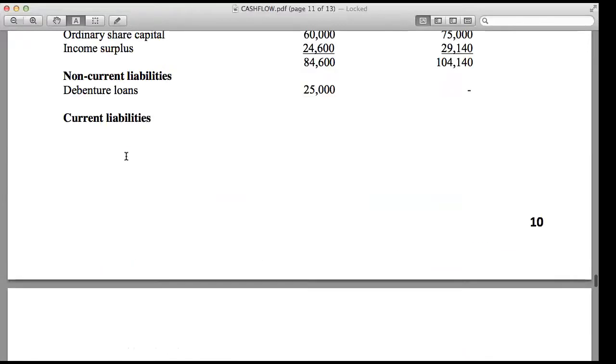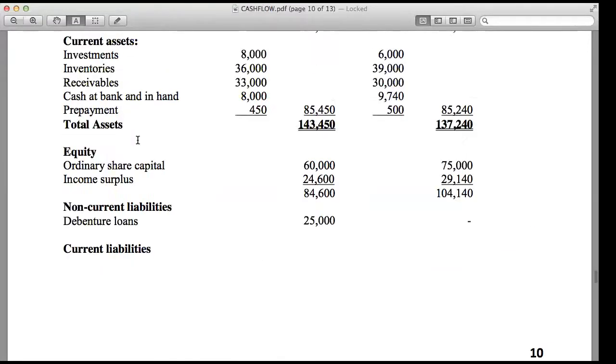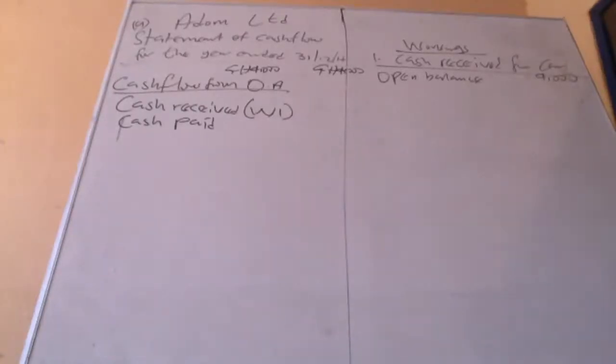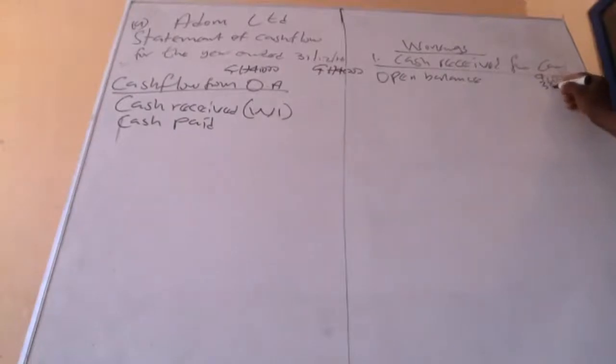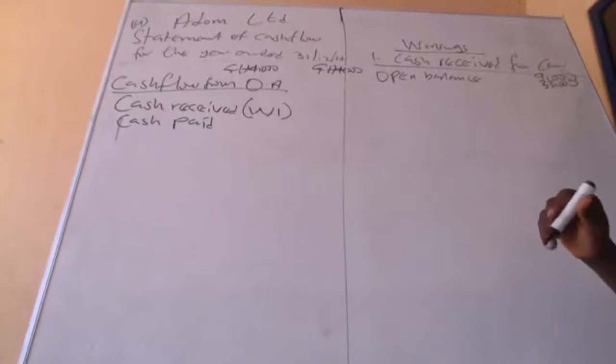So for 2005, receivable is here. Is that the 33,000? That's cash. So the receivable figure is 33. Closing balance is 30,000. So open balance is 33,000. Then what do we do? Add your credit sales.